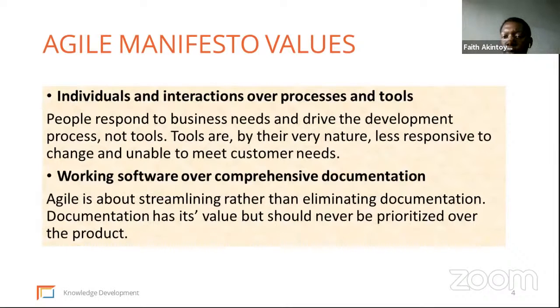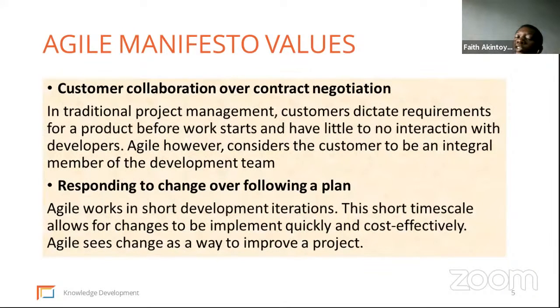So agile focuses on working software over a whole list of documentation. Documentation has its value, but it should never be prioritized over the product. So we focus more on the working product compared to documentation.